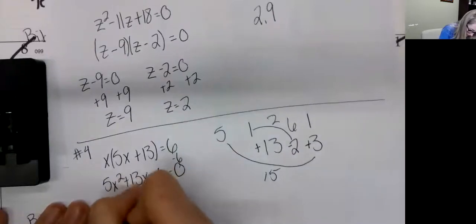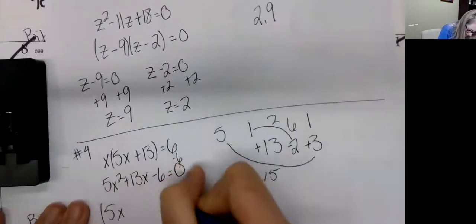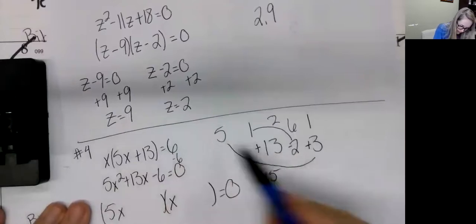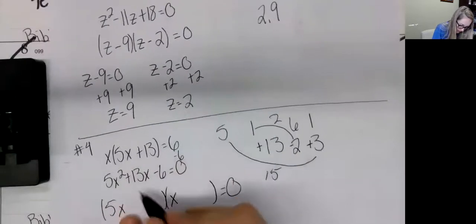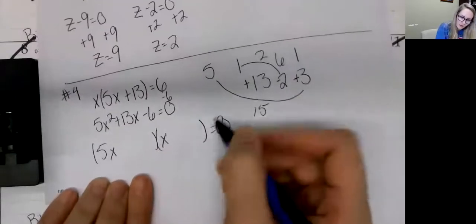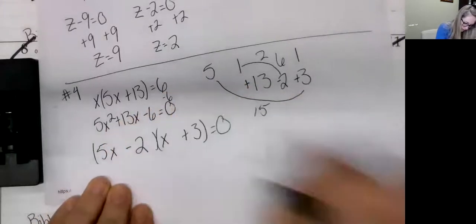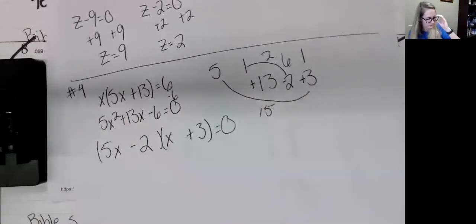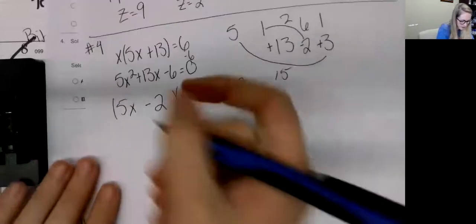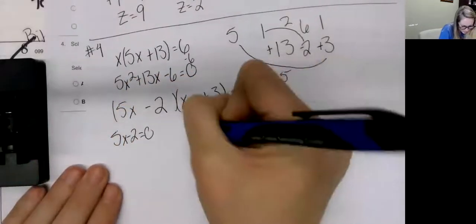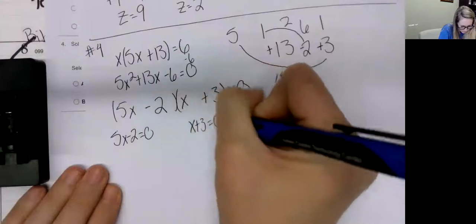So when we break this up, I'd have 5x and x. It's all going to equal 0. Now 5 has to multiply by 3, so it can't go in the same grouping. It has to go over here, so plus 3 here, subtract 2 there. Now I'm going to break my binomials apart and solve. So 5x subtract 2 equals 0. x plus 3 equals 0.